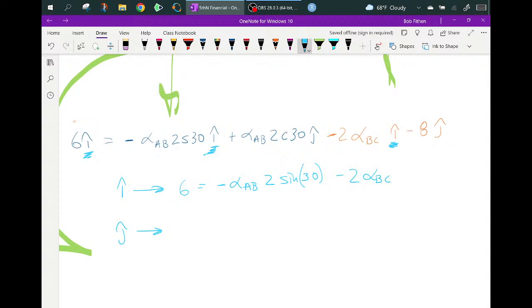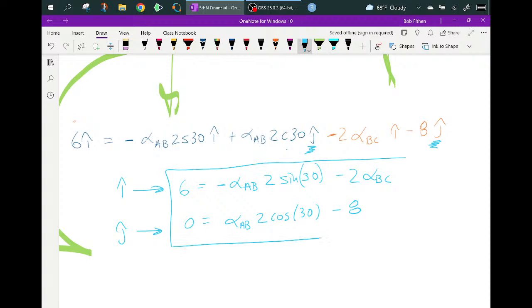Then for the J component, I have nothing over here. So there is no J over here. There's a J right here. And there's a J right there. So 0 is equal to alpha AB 2 cosine of 30 coming from right here. And then minus 8. And so you have 2 equations and 2 unknowns.